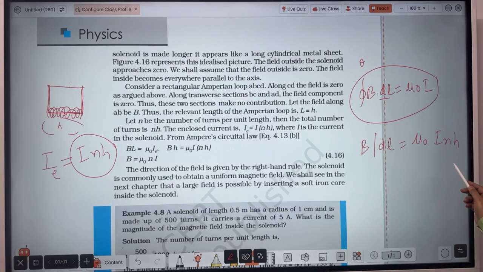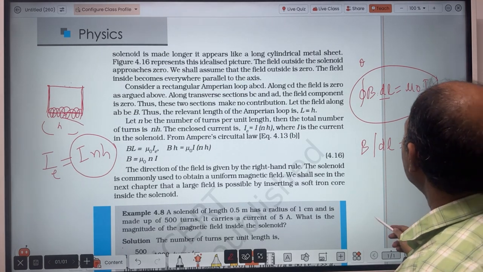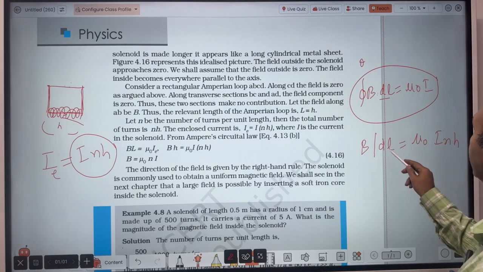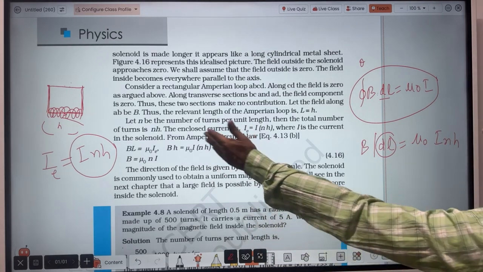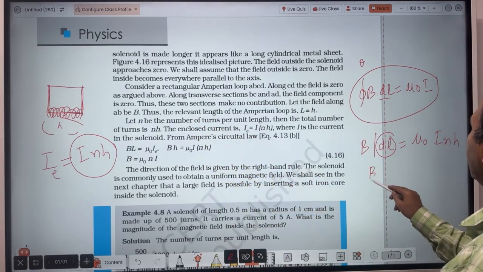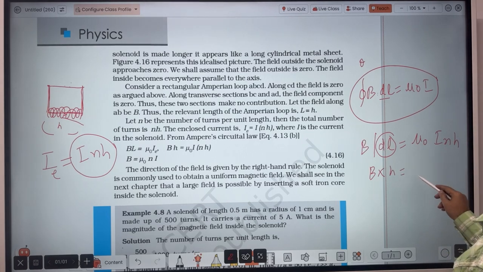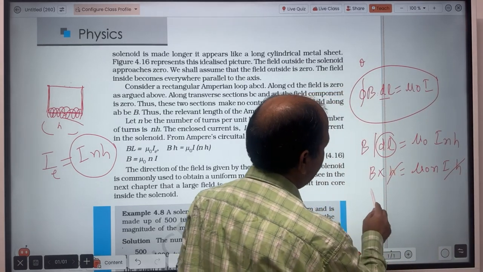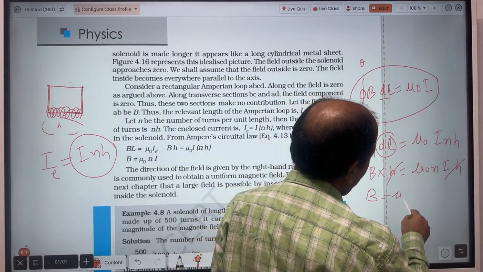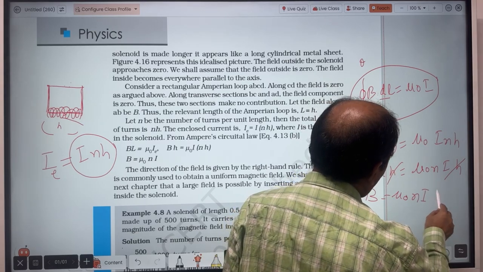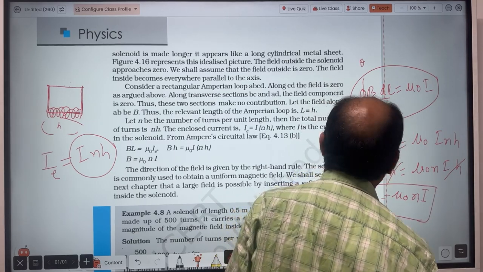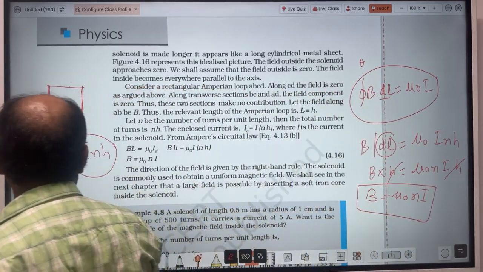So the integral of dl means the total length, so this will give L, or h we can take. So B into h will be mu naught n I h. So h will cancel out and we will be left with B equal to mu naught n I. So this is the expression for the magnetic field due to a solenoid.